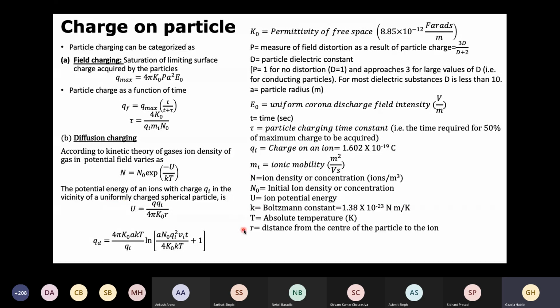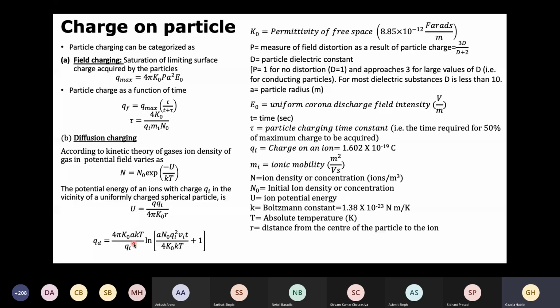Small q is given here, or I forgot to write small q. We will learn what small q is, and I will put it here also. We will see the example, then it will be more clear. So q into Qi upon this is the formula.